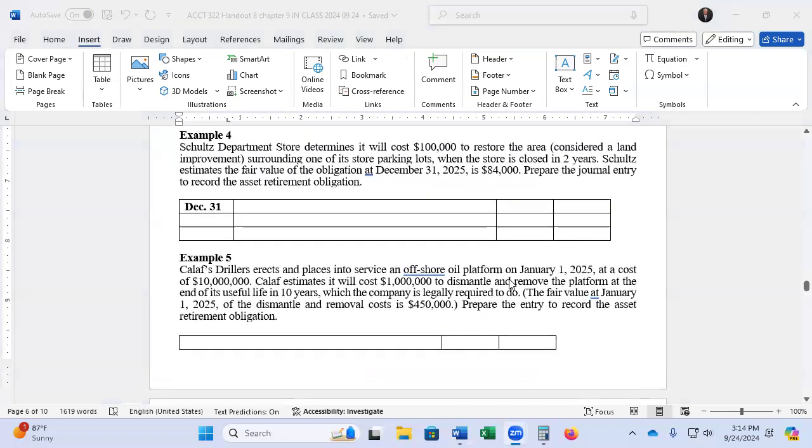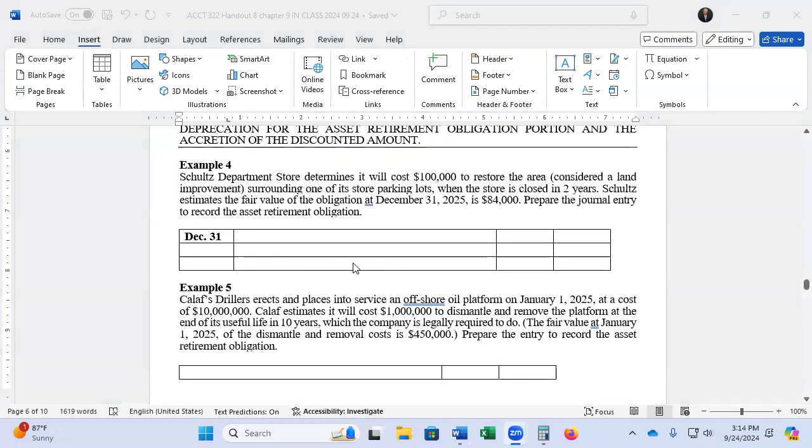Okay, so let's look at example number 4. Schultz Department Store determines it will cost $100,000 to restore an area considered a land improvement surrounding one of its store parking lots when the store is closed in 2 years. It estimates the fair value of the obligation as of December 31st, 2025 is $84,000. Prepare the journal entry to record the asset retirement obligation.